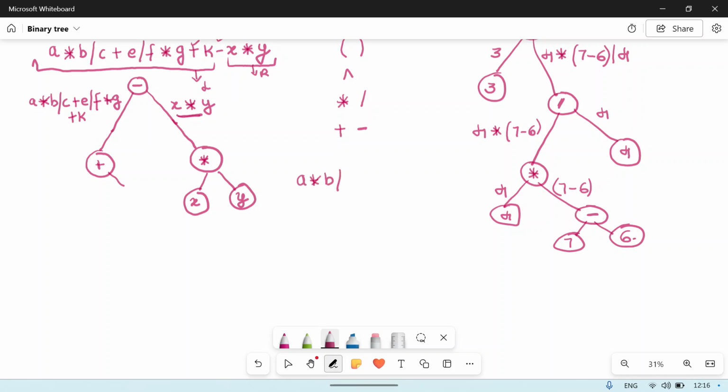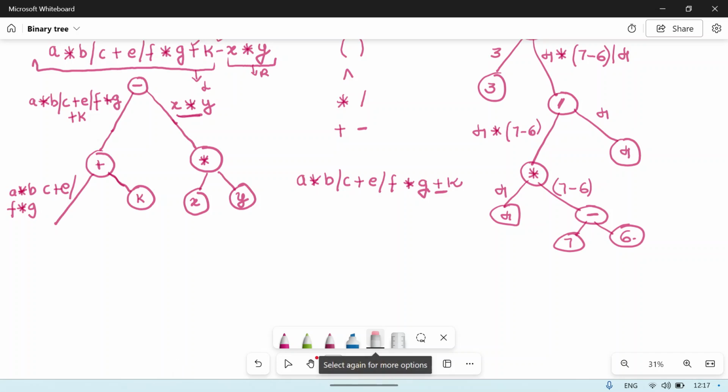A star B divided by C plus E divided by F star G plus K. This is how it is going to look, right? Now, plus is the next smallest, right? So here comes K. Towards the left, I have all those things. A star B divided by C plus E divided by F star G. Sorry, plus K is already done, right?